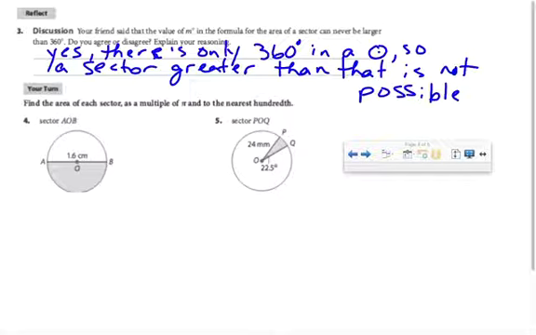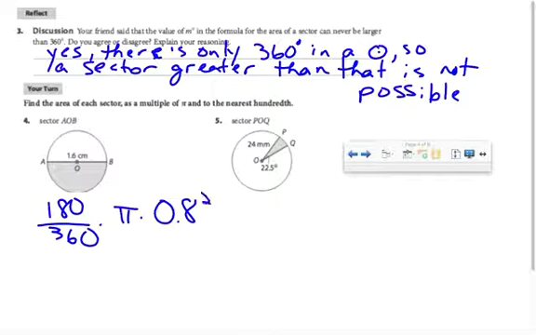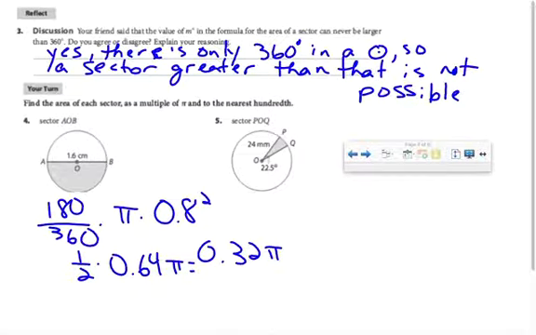A couple more examples using this formula. So m in sector AOB, that's 180. So 180 over 360 times pi times r squared. And that's a 1.6. It's hard to see on my screen, but it should be clearer in your book. So it's 0.8 squared. So 1/2 of 0.64 pi, which is 0.32 pi.